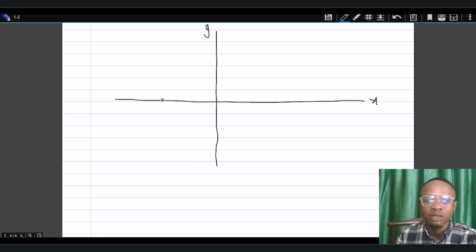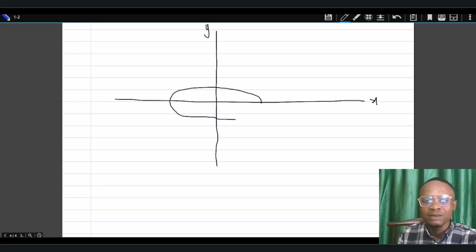So we're going to have something like this for the ellipse. Then like this, then we have this. Okay, that's it somehow, but you get the point.